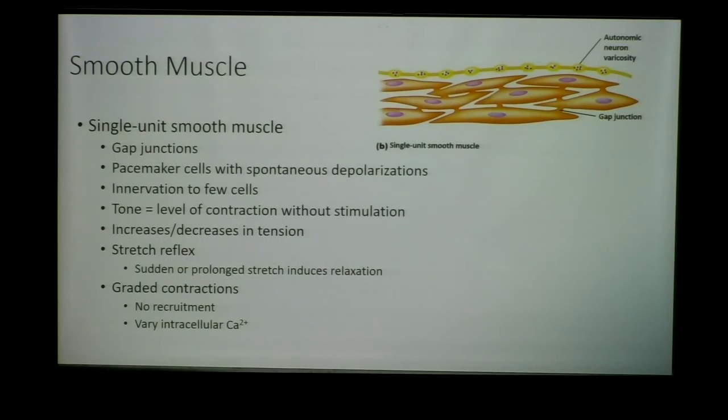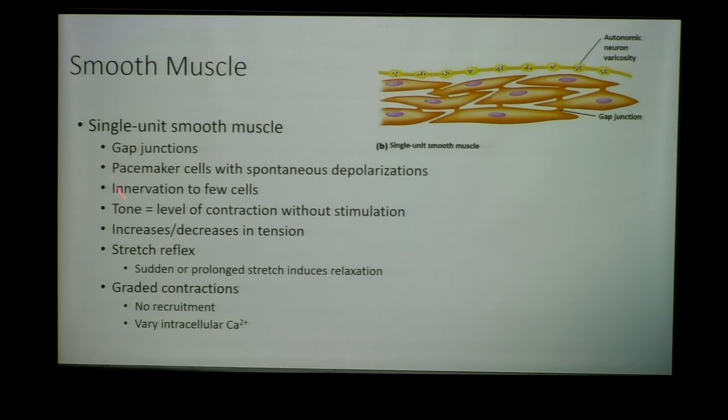Now, we also see pacemaker potentials with these types of cells. So these cells have the ability to spontaneously depolarize. And I sort of indicated that earlier, but that gives this level of contraction that has no external stimulation. So in the absence of any neural stimulation, any hormonal stimulation, any chemical involvement, these cells have an ability, almost by magic, to contract on their own, okay?